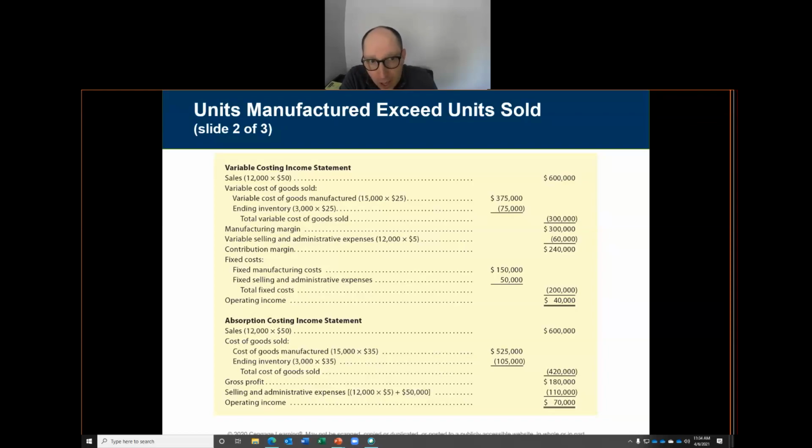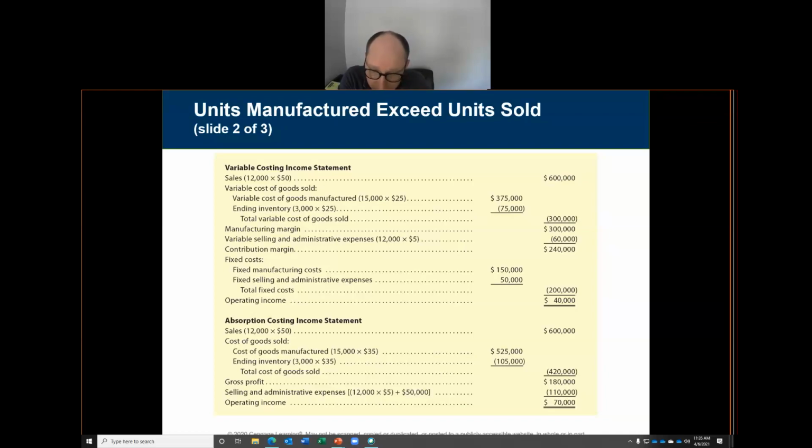Now, how is that different than absorption costing? Remember the difference here. In variable costing, we're separating variable costs from fixed costs. In absorption costing, we absorb them together. Okay, so in absorption costing, we sold 600,000, sold 12,000 units, $50 per unit. We have cost of goods manufactured of 525,000. How is that? Remember, variable and fixed together, $35 per unit.